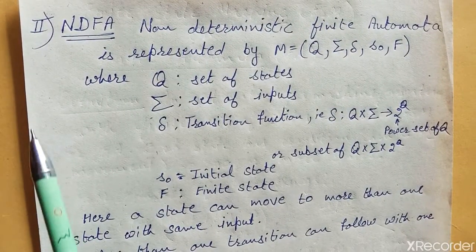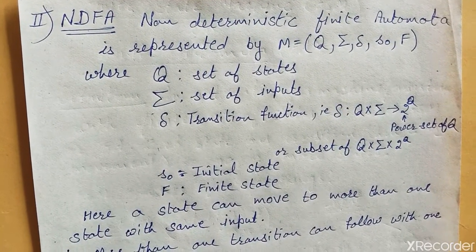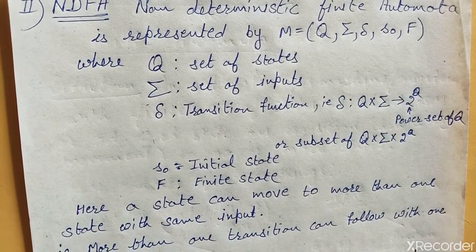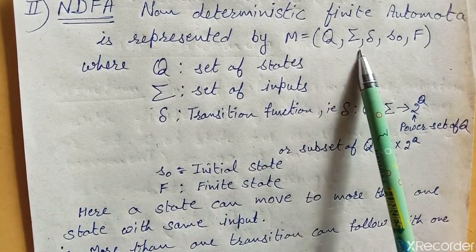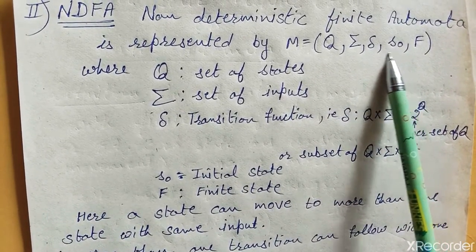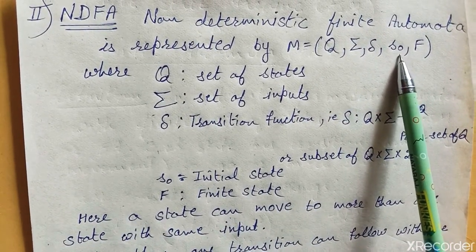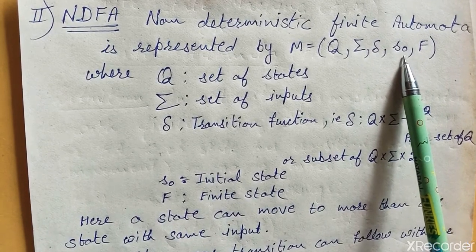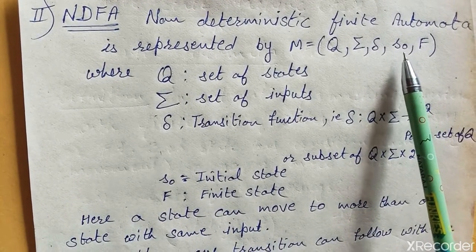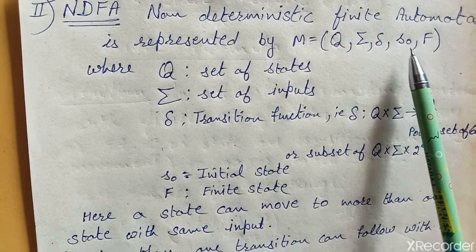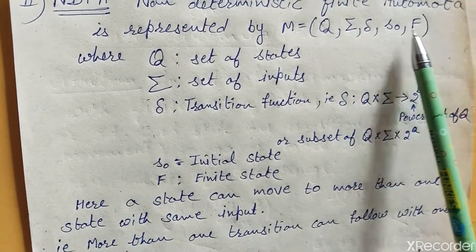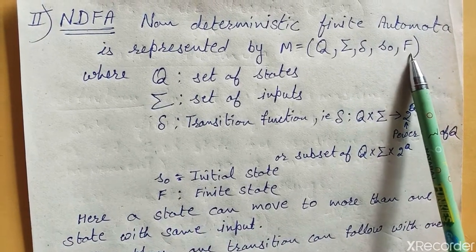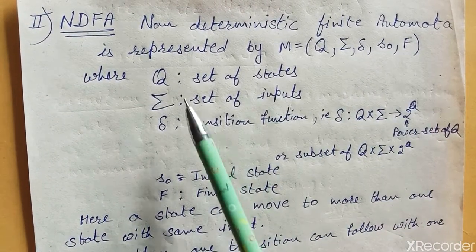Now the second is non-deterministic finite automata. It is represented by again 5 tuples. The first Q, sigma, delta, S0. Here I am using S0. You can write here Q naught also. So sometimes we use Qi's and sometimes we use Si's. Both are permissible for states, and F for final state.